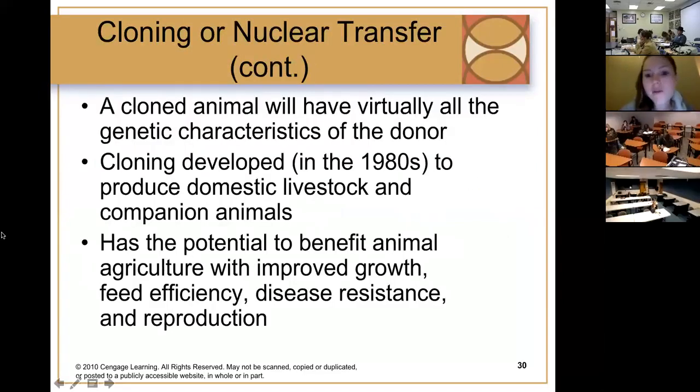A cloned animal will have virtually all the genetic characteristics of the donor, and cloning was developed in the 1980s to produce domestic livestock and companion animals. It has the potential to benefit animal agriculture with improved growth, feed efficiency, disease resistance, and reproduction. But again, that's if you have the money and want to spend the money and time on cloning. You can also just improve your herd by typical breeding practices and management practices.